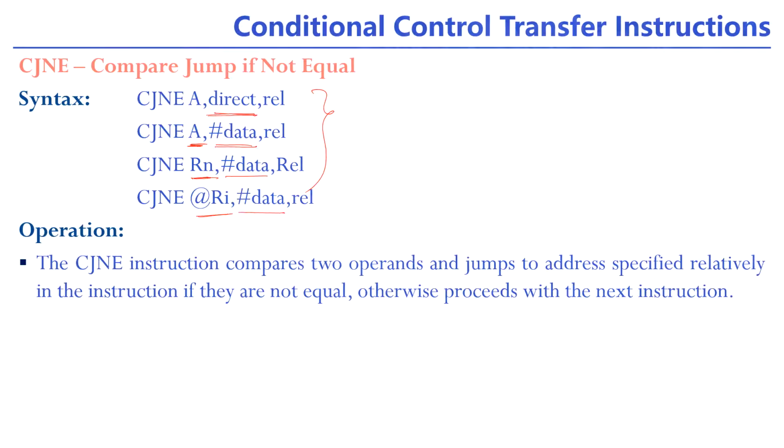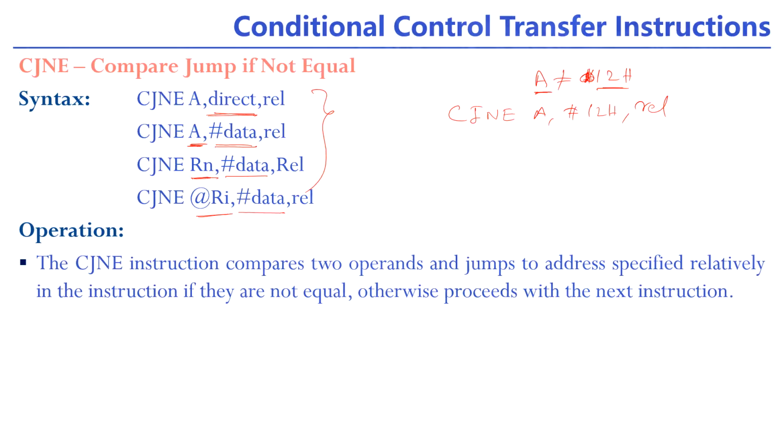The operation of this instruction: the CJNE instruction compares two operands, the source operand and the destination operand. Let us take this example, CJNE A, #12H, relative address. It is checking for not equal. A is not equal to #12H means the A value may not be 12H. Then only the condition is satisfied.